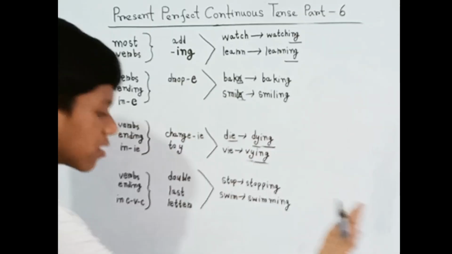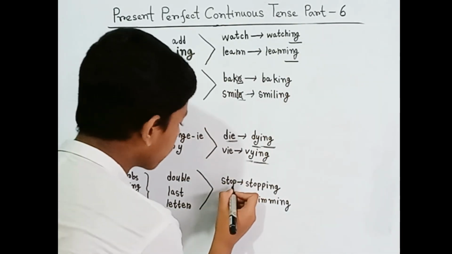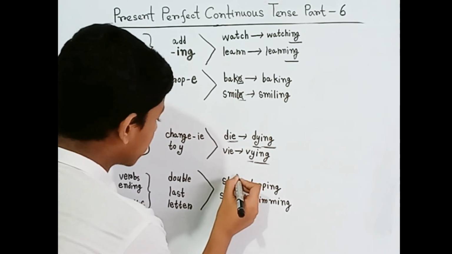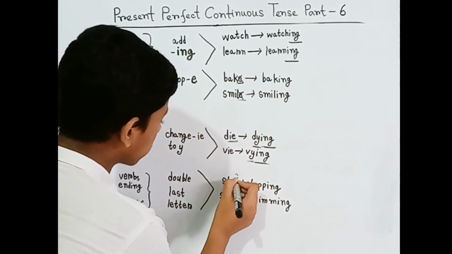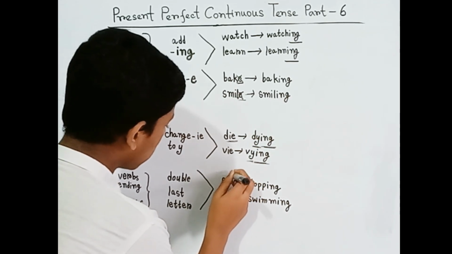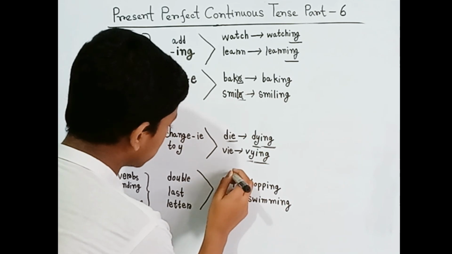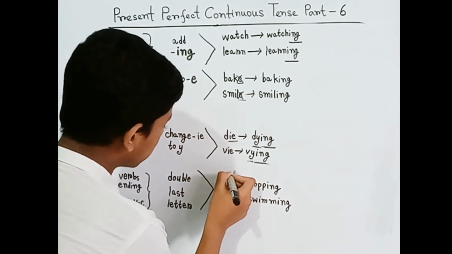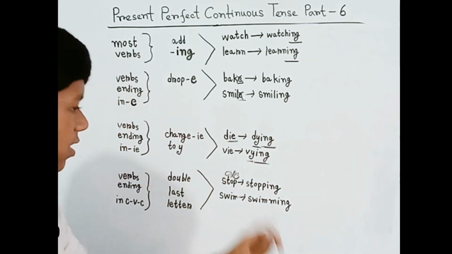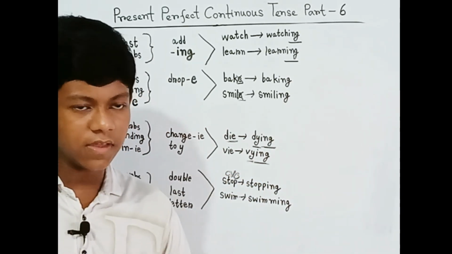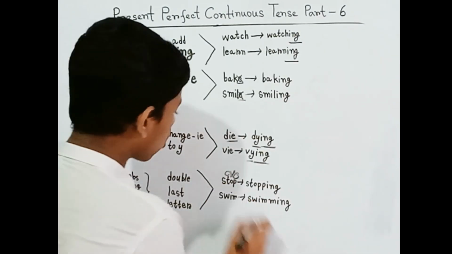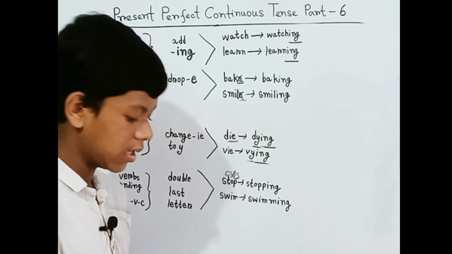If we start from the end, P is consonant, O is vowel, and T is consonant. CVC. Now stop becomes what? Stopping.